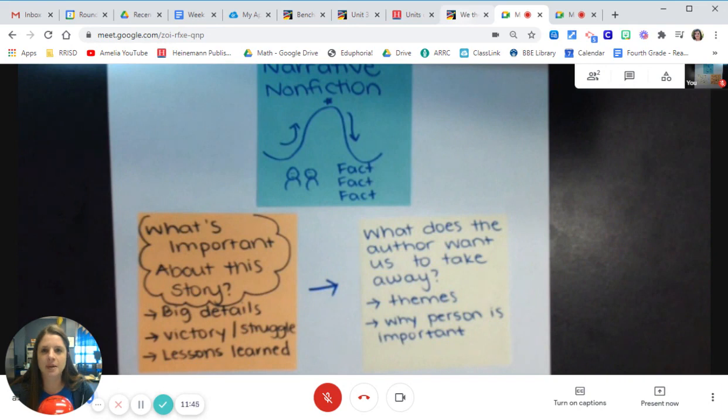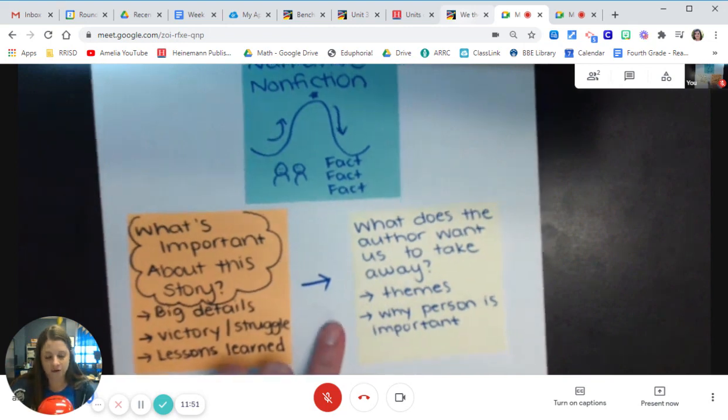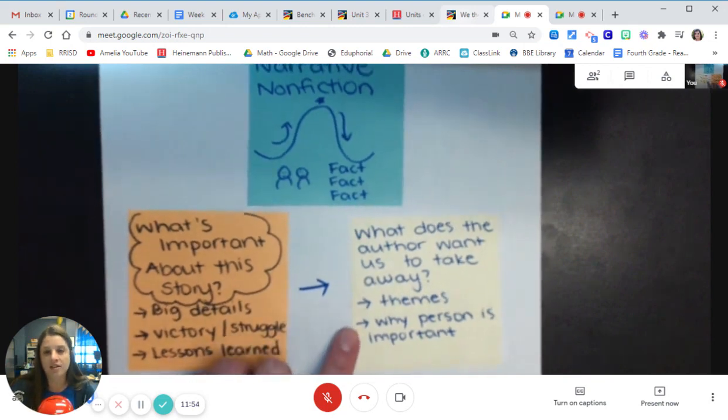So thinking about those big details and the victories and the struggles and the lessons learned, we can infer some themes and why this person is important, what the author wants us to take away. So what do you think, readers? What does the author want us to learn from this text?